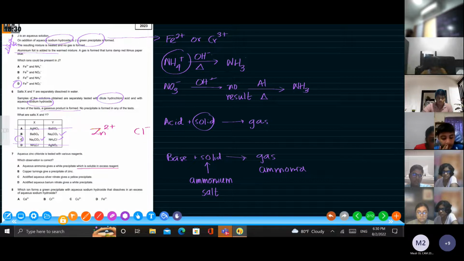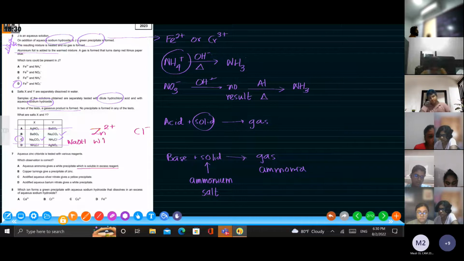Straight away, that's the answer. White. With sodium hydroxide also, zinc gives you a white precipitate. Down arrow means precipitate, and it's soluble. And with ammonia also, it gives you a white precipitate, and it is soluble.